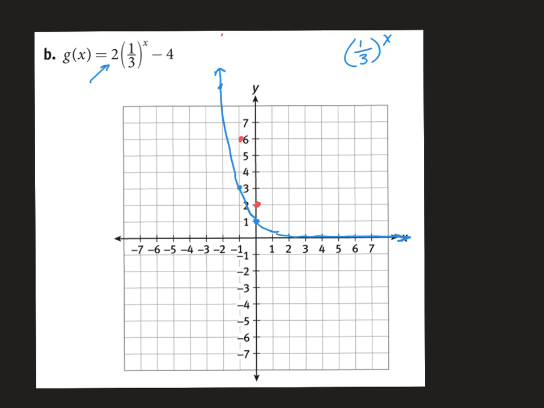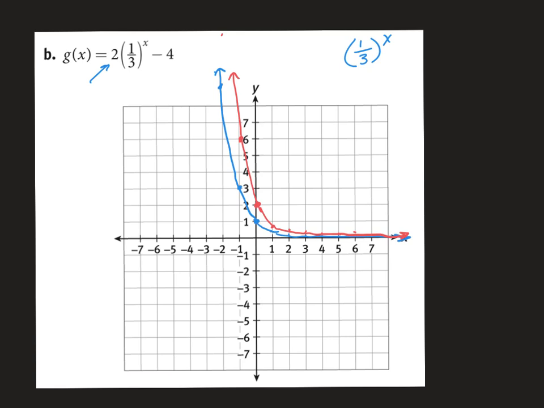Same with these, but 2 times 1/3 is just 2/3. And then whatever this one was, again, we've got our asymptote breaking down just like that. So it's a much steeper movement to the left, and that's what our first transformation does for us.